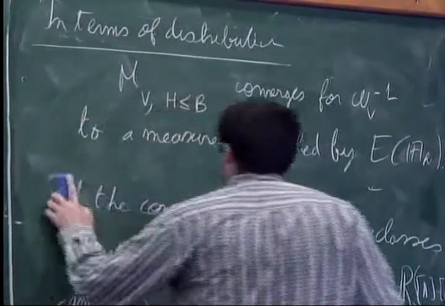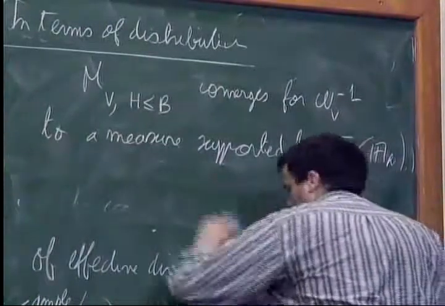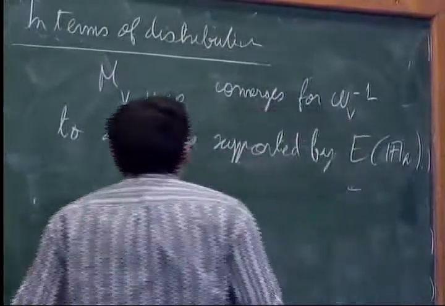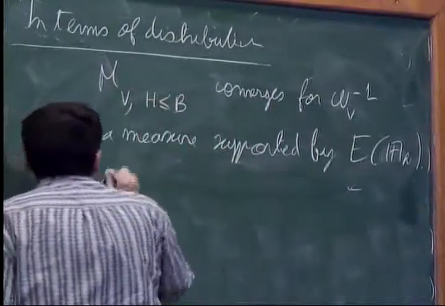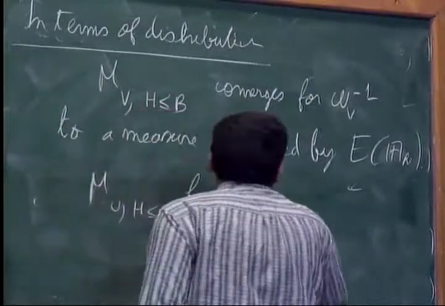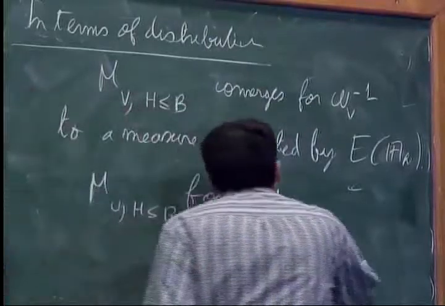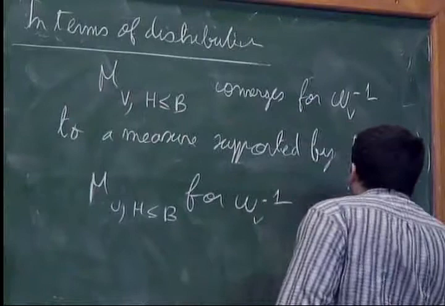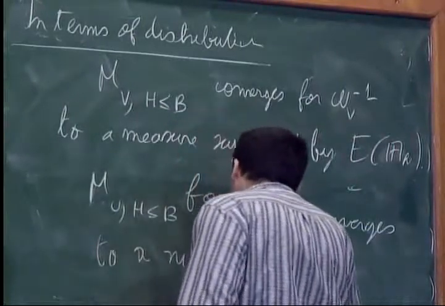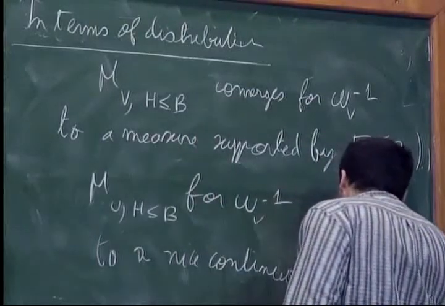But if I look at the distribution for points in U for the anticanonical line model, so mu of U, height less than B, for omega V minus 1, converges to a nice continuous measure.